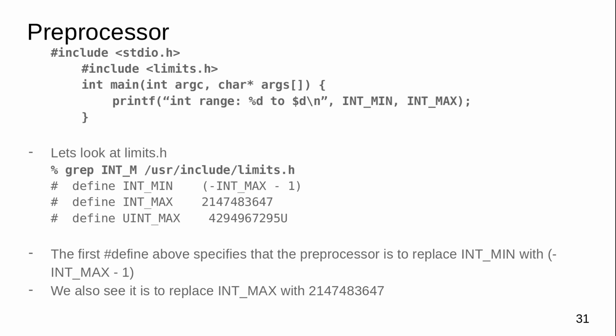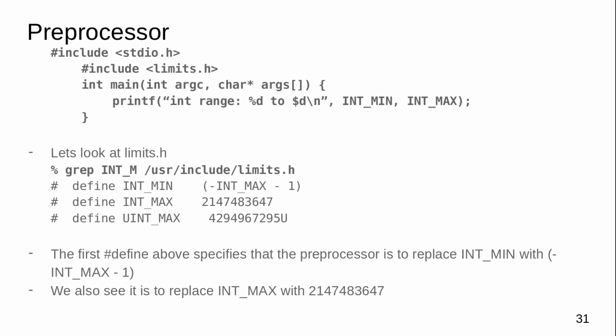We see that INT_MAX is defined as this really big number, and then UINT_MAX is defined as an even bigger number. So these are defining values for us that we can use throughout our programs as long as we include this limits.h header file.